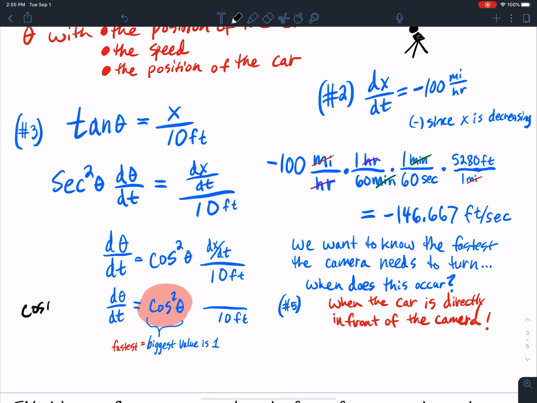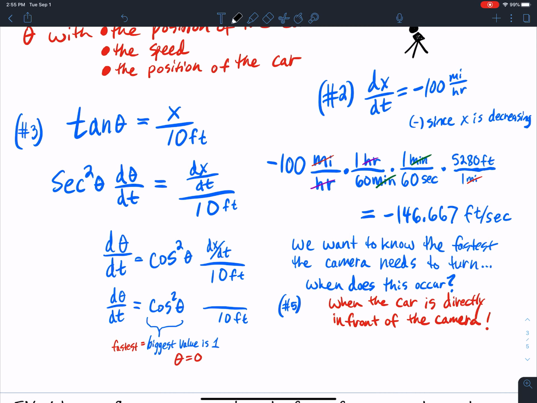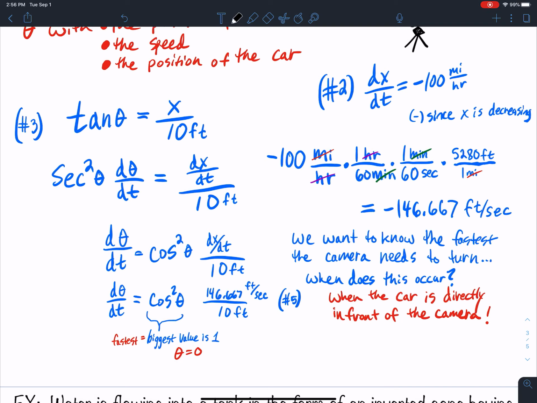Remember, cosine theta is stuck between 1 and -1, right? So the largest that you could make cosine squared theta would be 1 squared, which is 1, okay? So the biggest, the fastest you can make this is equal to 1, right? So no matter what cosine or theta angle you put in there, 1 is the largest that it would be. This occurs when theta is equal to 0.